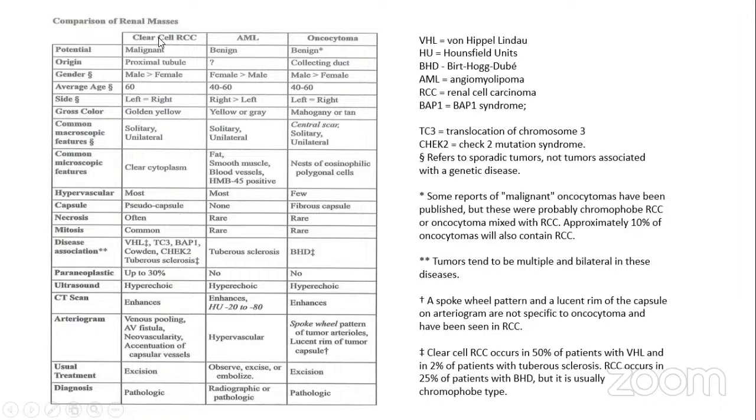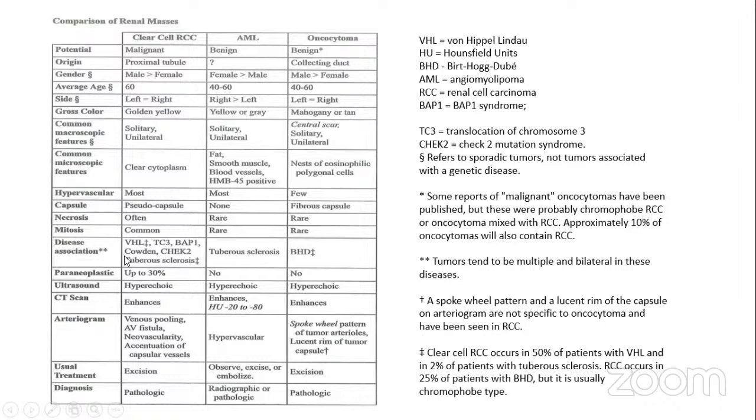Capsule: pseudocapsule for clear cell, no capsule for angiomyolipoma, and fibrous capsule for oncocytoma. Necrosis is often seen in clear cell but is rare in angiomyolipoma and oncocytoma. Mitosis is common in clear cell but rare in the others.